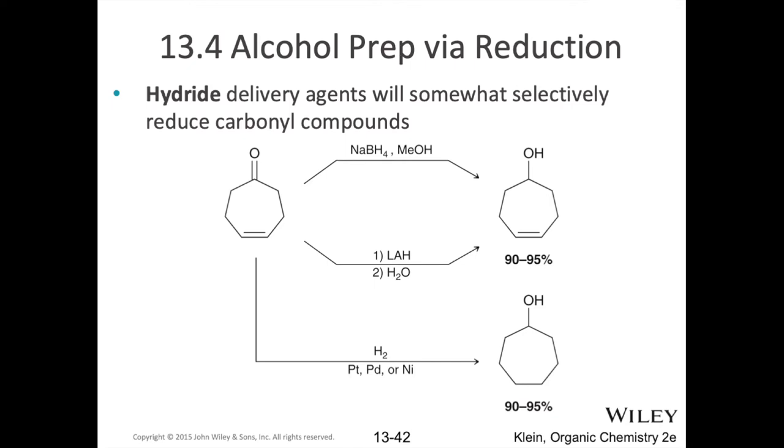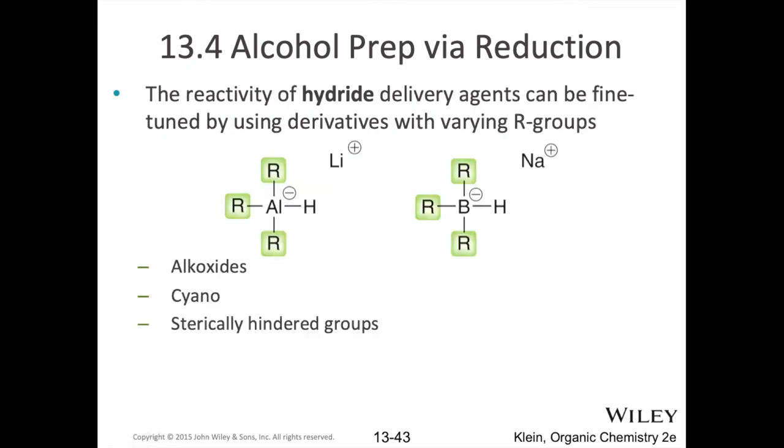Okay, because if you used your metal catalyst, you would reduce not only that carbonyl to an alcohol, but you would also reduce your alkene to an alkane. Okay, whereas if you use either of your hydride reagents, that won't be the case. You get only the alcohol, but your alkene remains intact. So that's something to keep in mind, depending on what functional groups are present on your substrate.